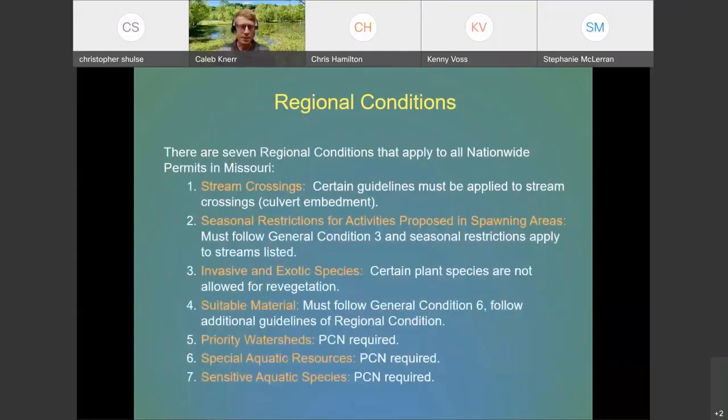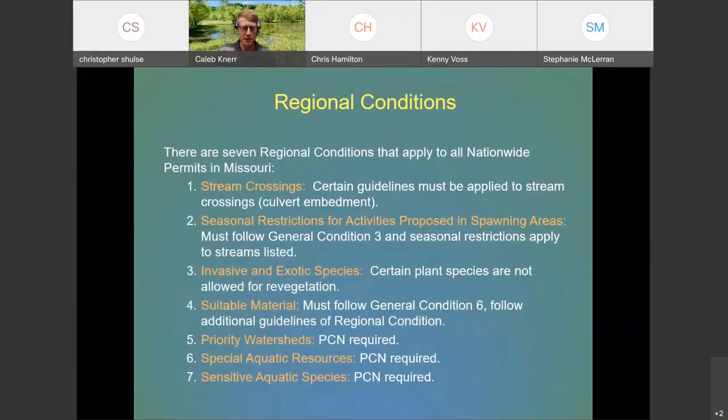So, some regional conditions, and these are mainly for our screening purposes. When we're looking at projects, stream crossings in regards to culvert embedment and seasonal restrictions, like I mentioned earlier, we must follow General Condition 3 and Regional Condition 2 that talk about stream restriction dates. Invasive aquatic species: certain plants that are invasive aren't allowed to be used.